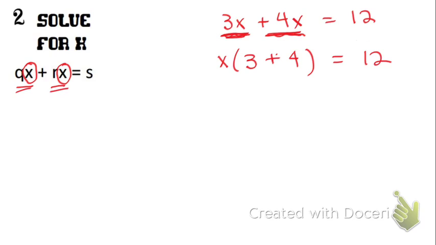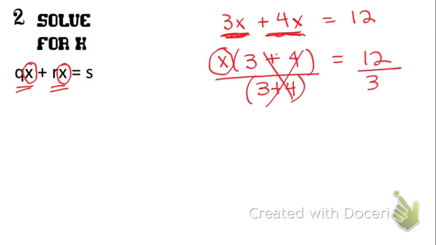Now if I want x by itself, it's being multiplied by 3 plus 4. So I can undo that by dividing by 3 plus 4, because that would cancel out, that's just 1. So in this example, I end up with also 12 divided by 3 plus 4, or 12 divided by 7.